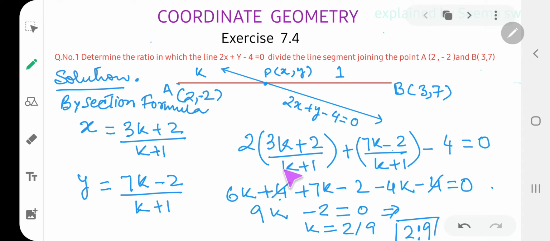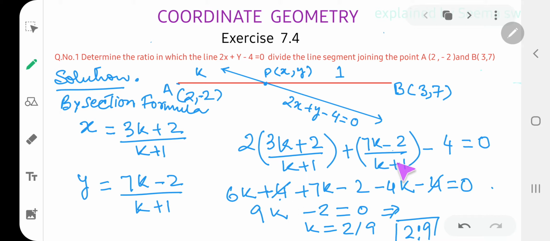Now children, in the denominator we have k plus 1 here, so we will multiply the whole equation by k plus 1. This is the first term. I multiply this by k plus 1, the k plus 1 and k plus 1 will get cancelled, and I will multiply 2 inside, so it will be 6k plus 4.